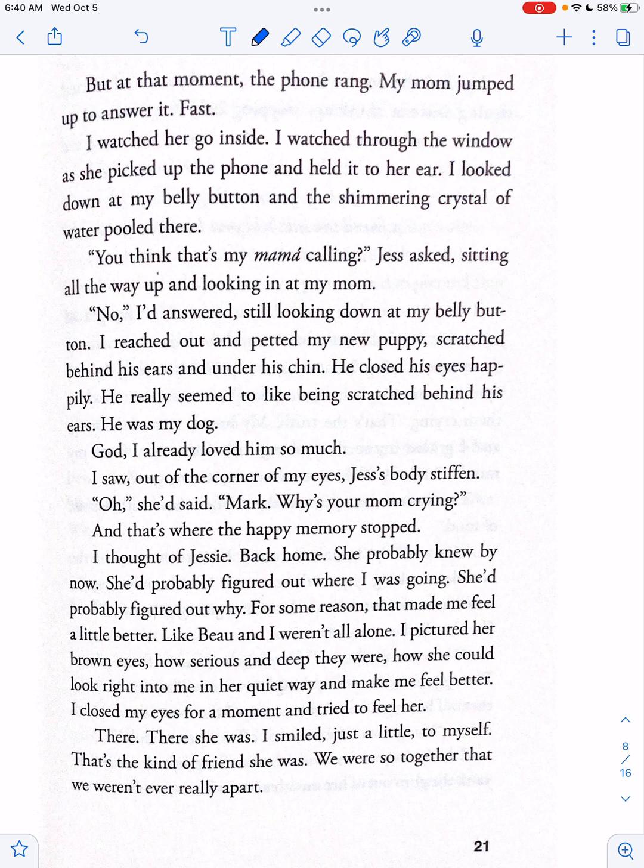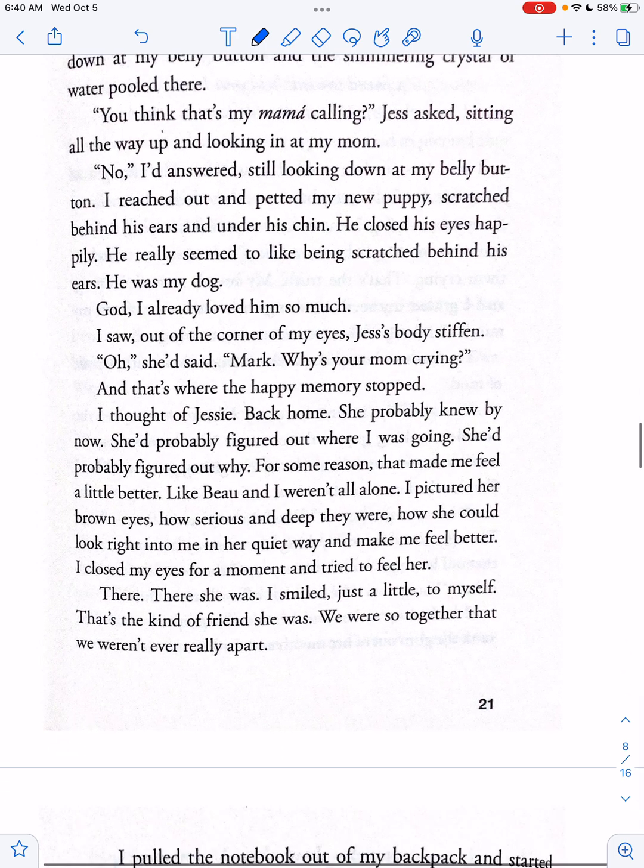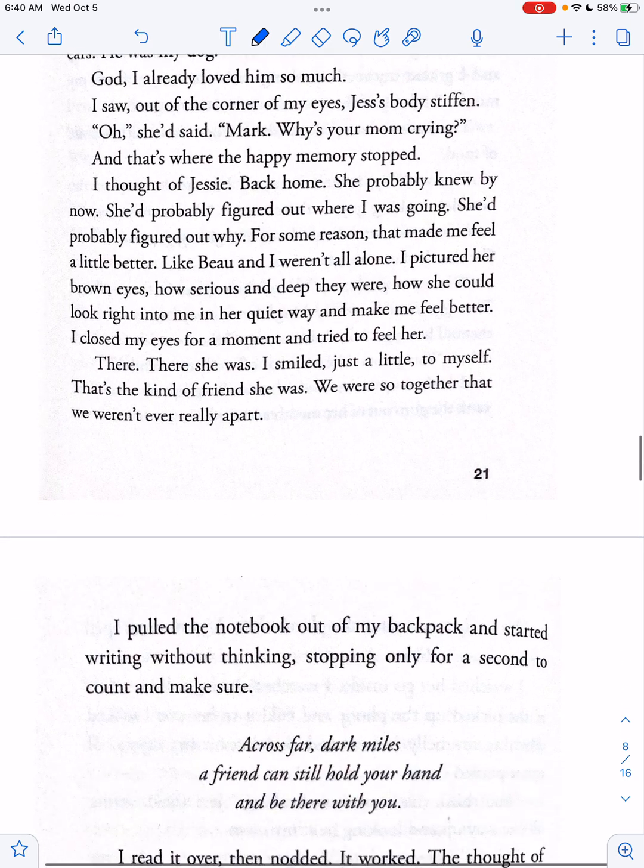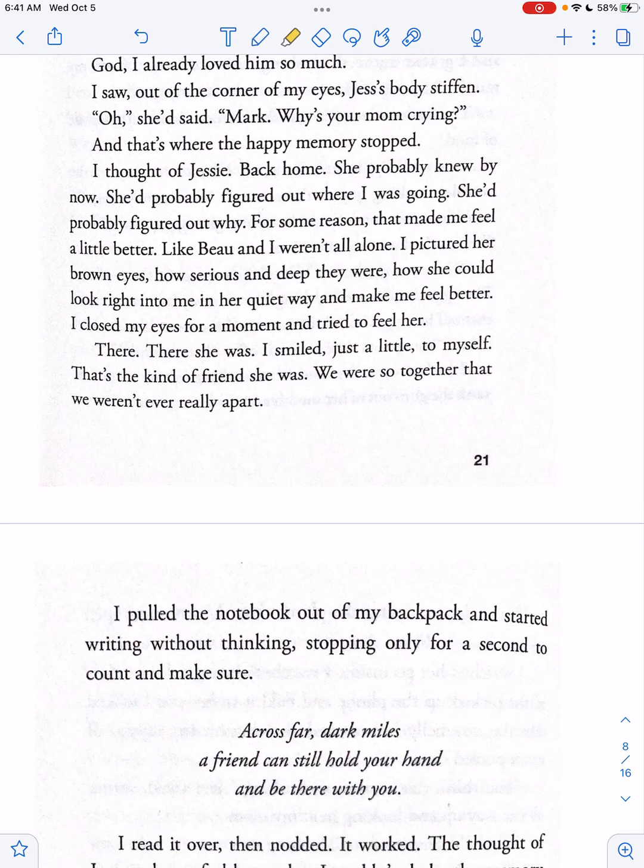I reached out and petted my new puppy, scratched behind his ears and under his chin. He closed his eyes happily. He really seemed to like being scratched behind his ears. He was my dog. God, I already loved him so much. I saw out of the corner of my eyes Jess's body stiffen. Oh, she said. Mark, why is your mom crying?